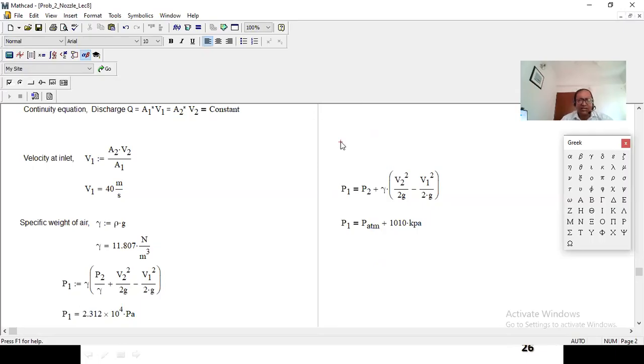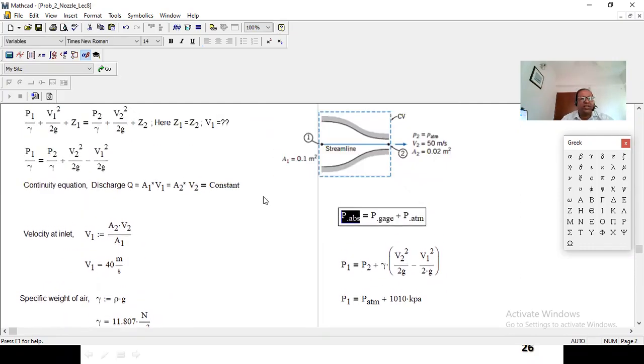You remember what is the absolute pressure? Absolute pressure equal to gas pressure plus atmospheric pressure. Okay. Gas pressure means you are getting reading from the pressure gauge or manometer. Then you add the atmospheric pressure, you get the absolute pressure.